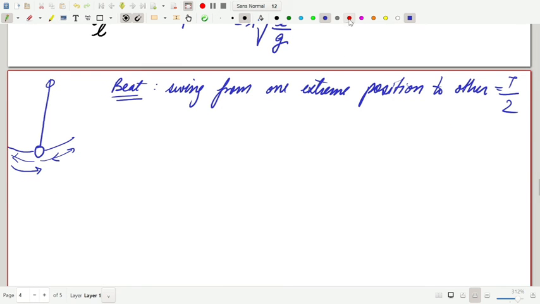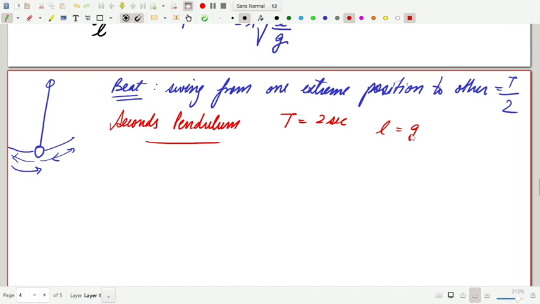Now in seconds pendulum, time period is 2 seconds. That is, it takes only 1 second for one beat, and therefore we can calculate that L is g over pi square using the formula.